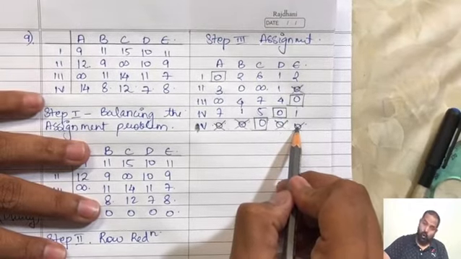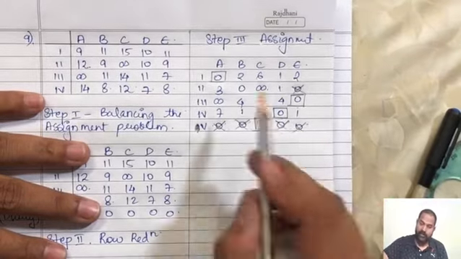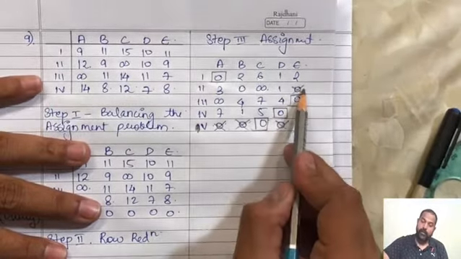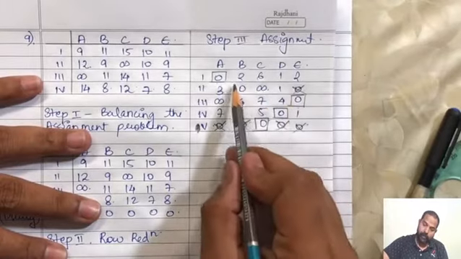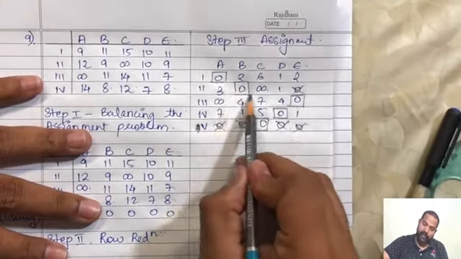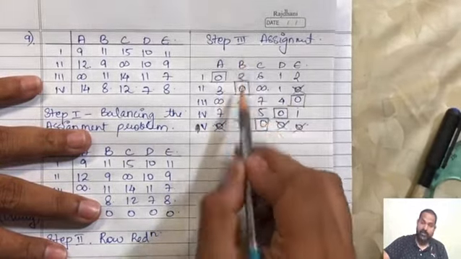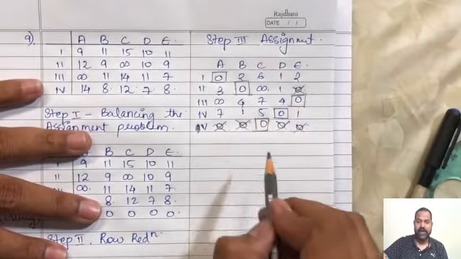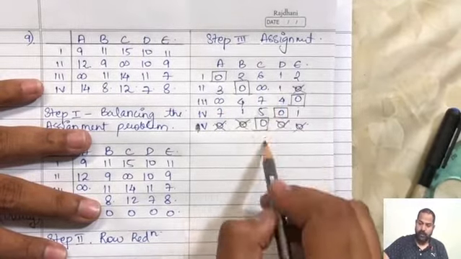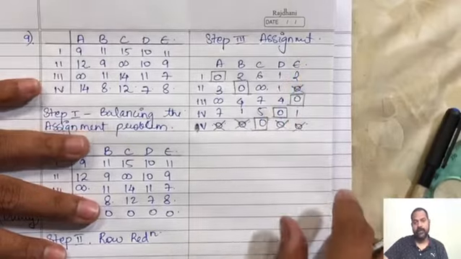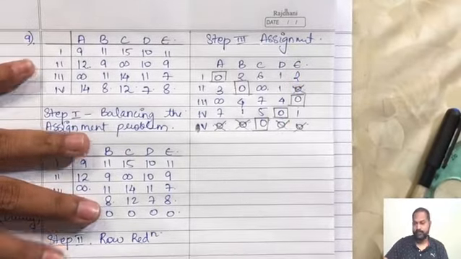Row wise done. Column wise done. Again row wise. Exactly 1 zero. Mark it as an assignment. In that column, if there is a 0, cancel it. Already cancelled. Done, done and done. That's it.